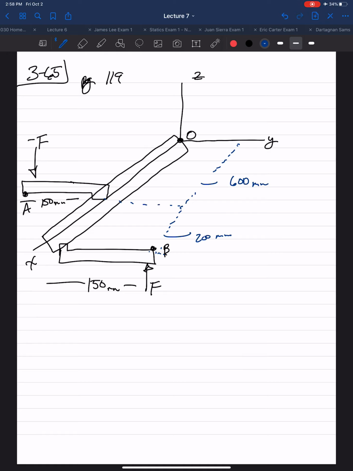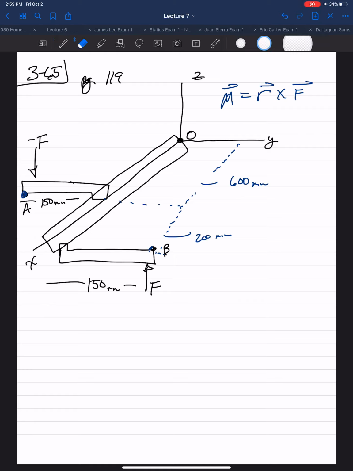What is the magnitude of F? So we said before that moment is position vector R cross F. We had our point A and our point B. Let's get our coordinates of A and B first.